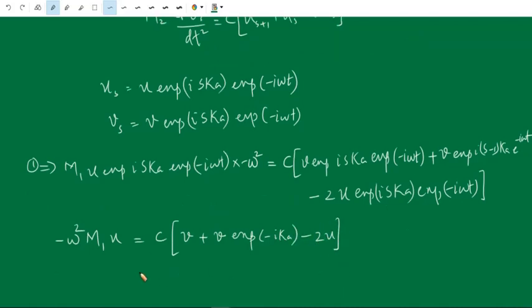Or once more we can simplify this as omega square m1 u is equal to C v times (1 plus e raised to minus i k a) minus 2C u.